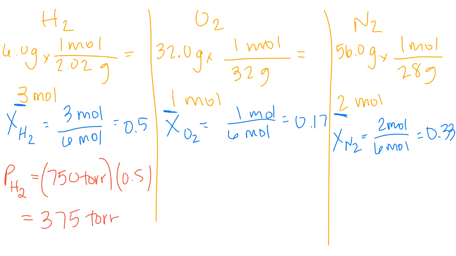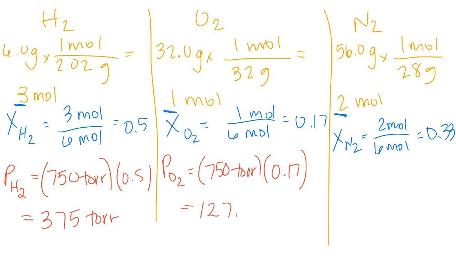Then we go to oxygen. Pressure of oxygen is equal to 750 torr times 0.17. And so if I do that, I get 127.5 torr.